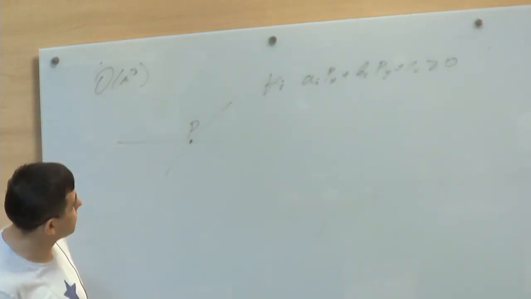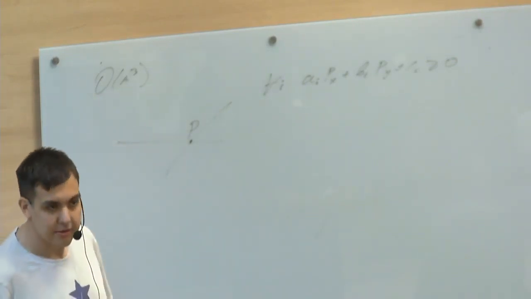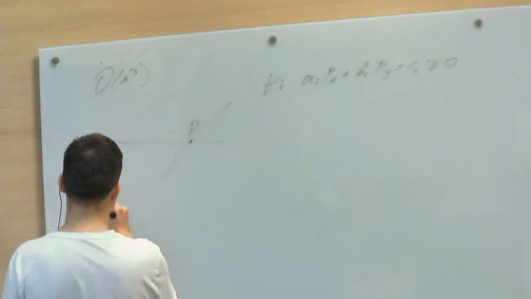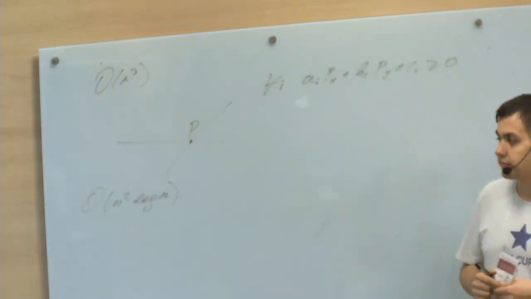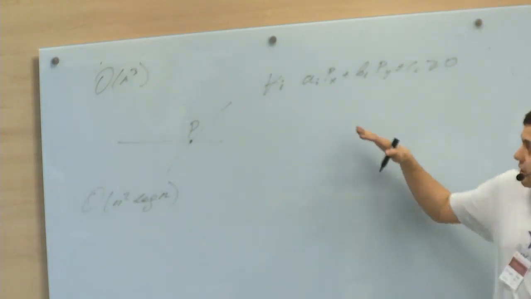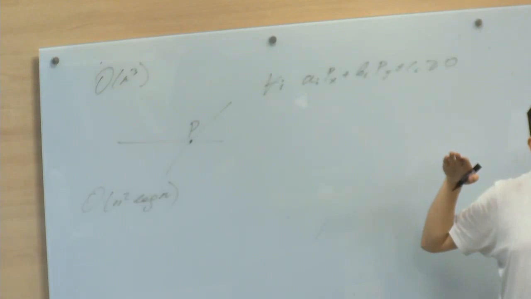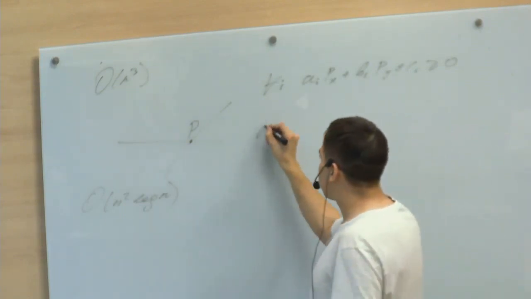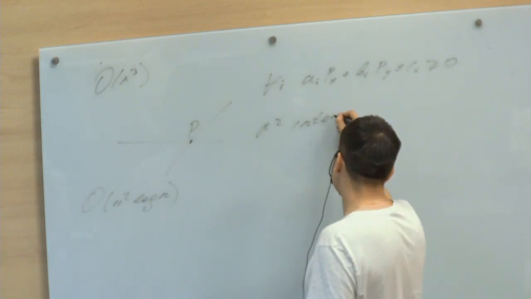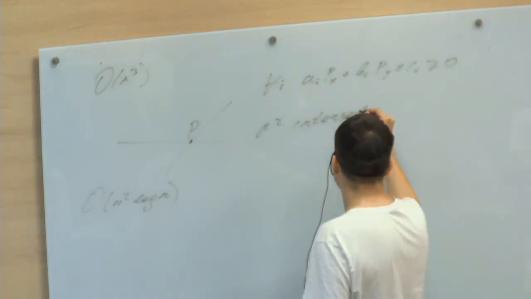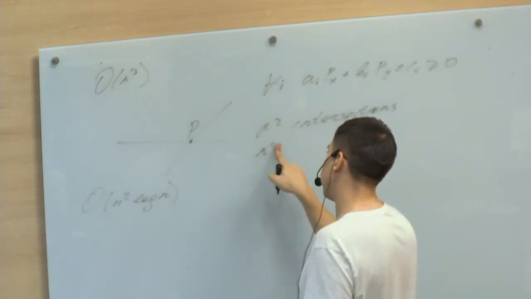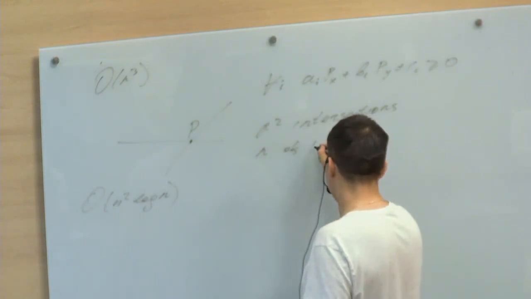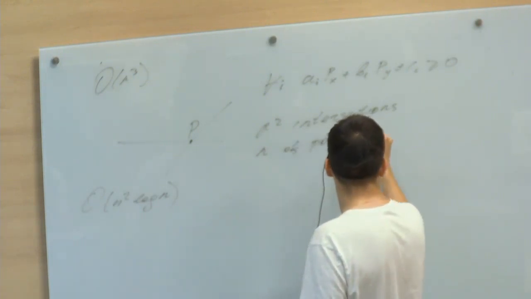There is a simple modification that makes it n squared log n. And the modification is, let's try this in random order. Well, there are n squared intersection points. But there are only a linear number of points in the half-plane intersection in the result.